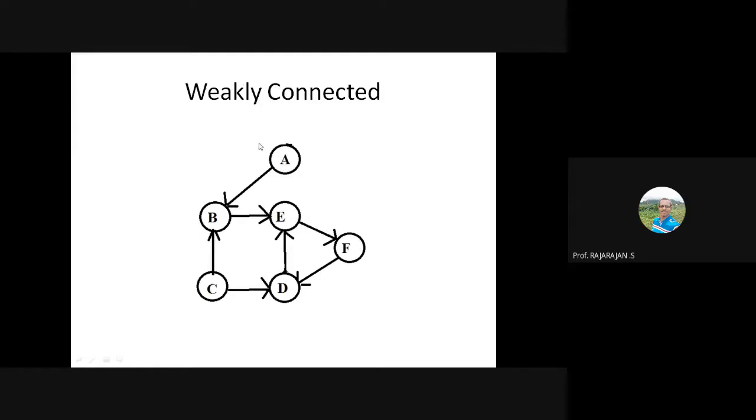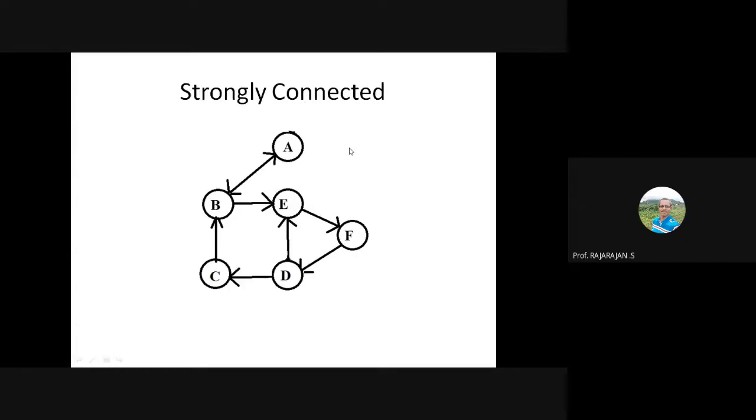Even if a minimum of two vertices don't have a path to reach them, then we classify the graph as a weakly connected graph. Whereas a strongly connected graph is like this. So now you can see that you can move from any vertex to any other vertex. Even you can reach A and you can also reach C. This is called a strongly connected graph.